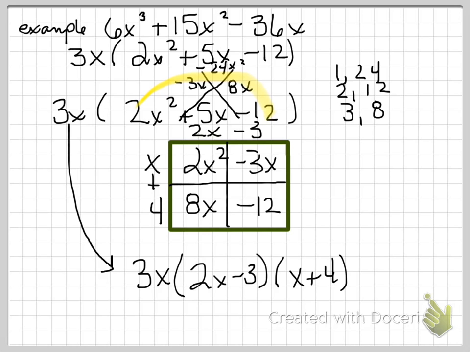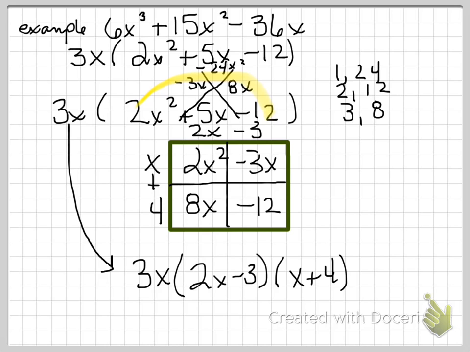Now the last one we're going to do is really simple, but students seem to mess up on it. The thing to remember is that the only time you're going to be able to do more than just a GCF is if you have an x squared.